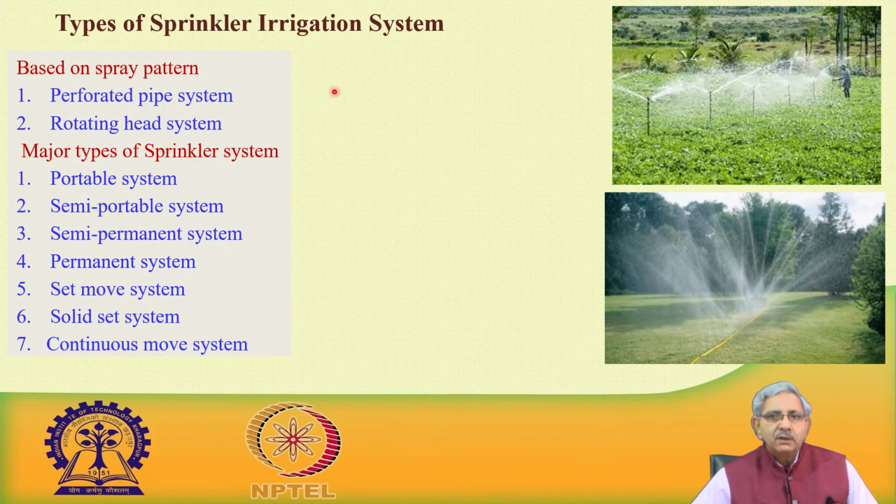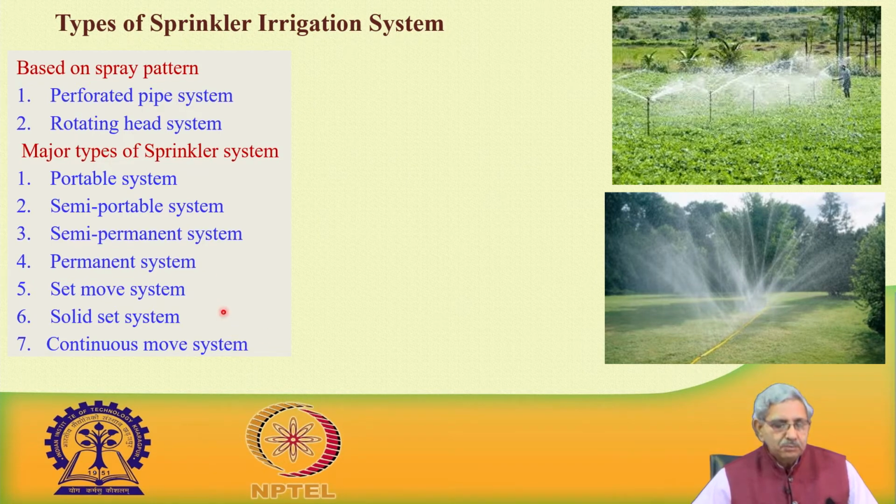Now, there are different types of sprinkler irrigation system. One classification is made on the basis of spray pattern, such as the rotating head kind. The other classification is based on portability, on the movement.